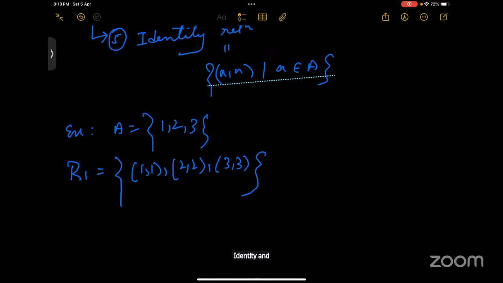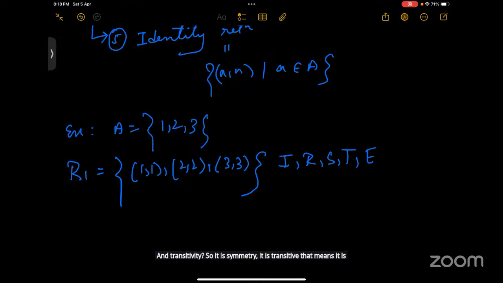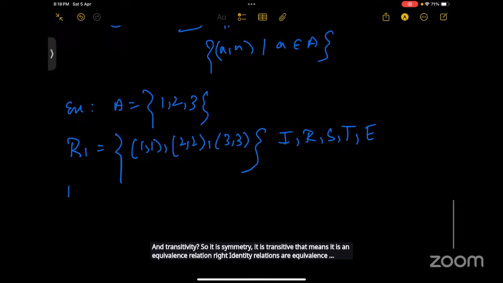Reflexive, both. Yeah, that means it is basically identity, reflexive. What about symmetry? Yes, symmetric. And transitivity? Yes, transitive. So it is symmetric, it is transitive. That means it is an equivalence relation, right? Correct. Identity relations are equivalence relations.